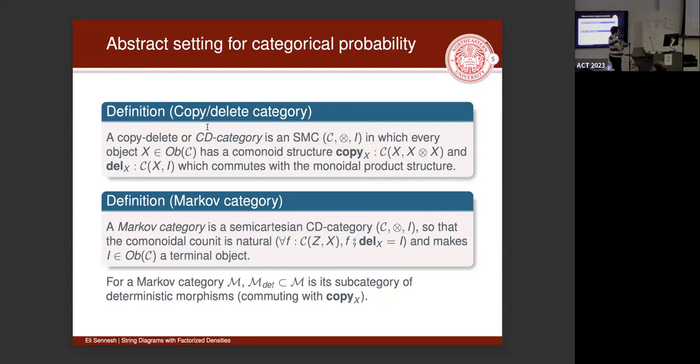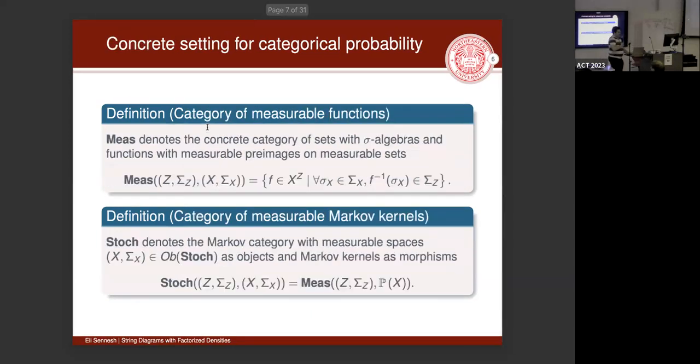Then we have this notion of a deterministic subcategory in a Markov category. Categorically, this is defined as morphisms which commute with copy. More intuitively, it is defined as things that are not probabilistic, or that define conditional delta measures.